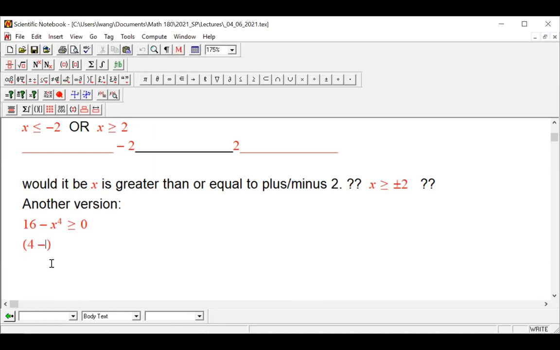You make it 4 minus x to the power of 2 multiply 4 plus x to the power 2.